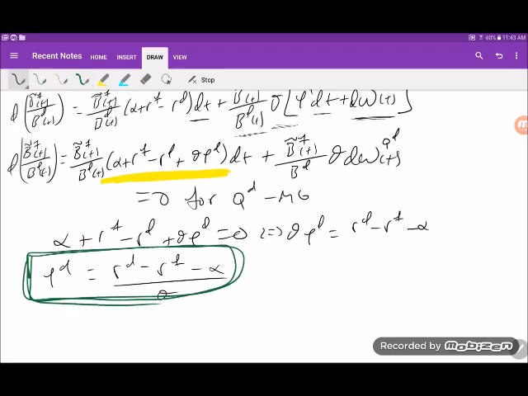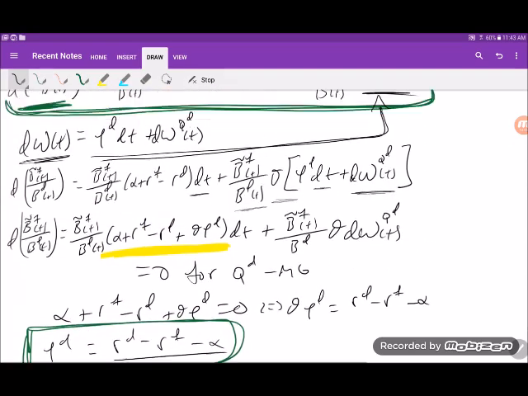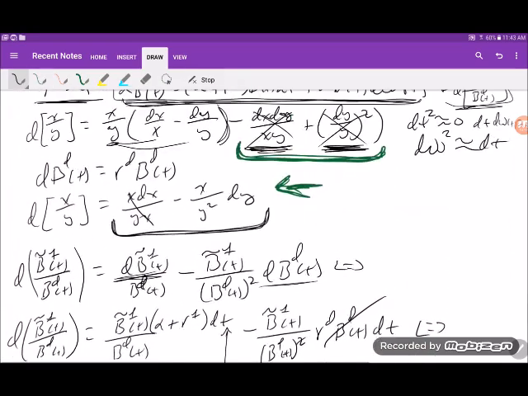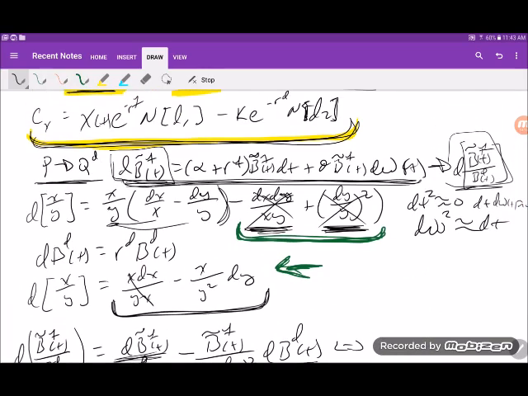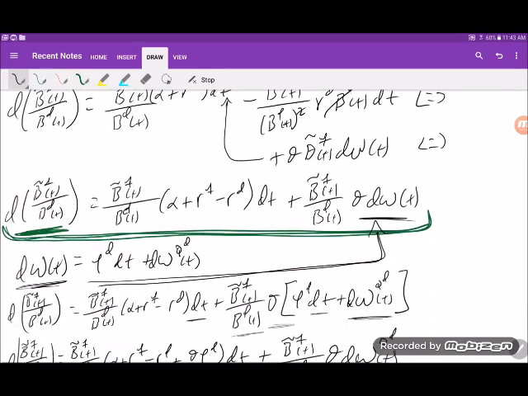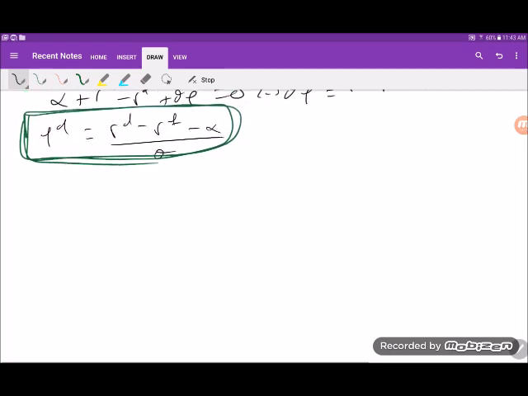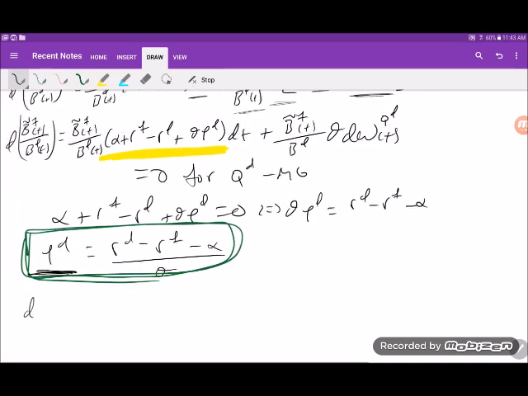So finally, what do you do with that? Well, you go back to the original dynamics, the foreign bank account in domestic currency, and you basically invoke this kernel. Sorry, we're not going back to that.